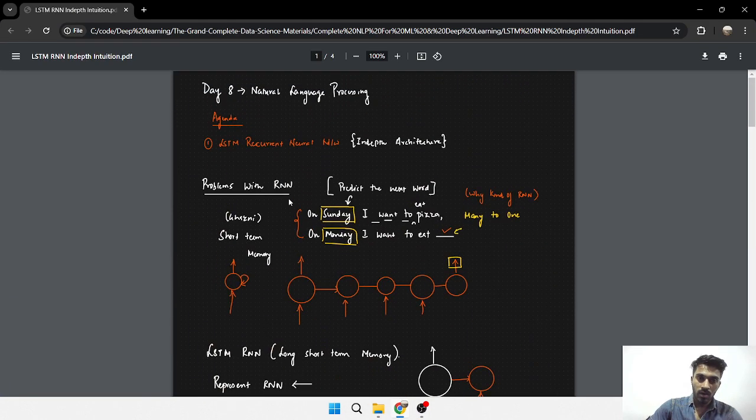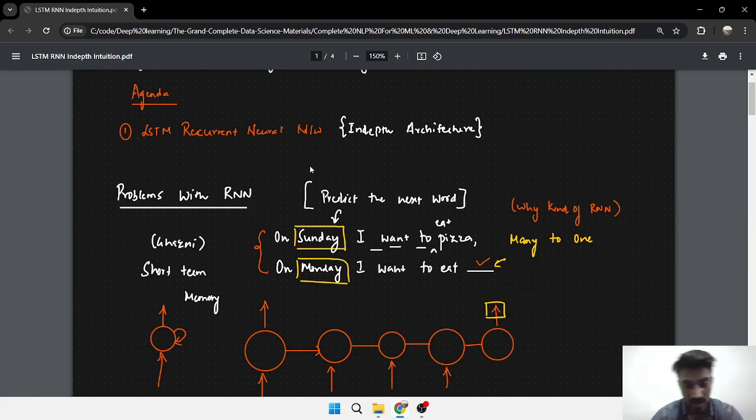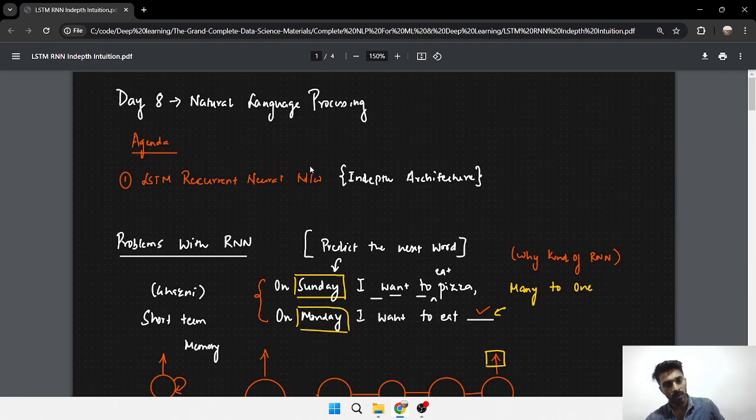So I have completed RNN and LSTM, and today I will explain in-depth intuition about how LSTM RNN works.